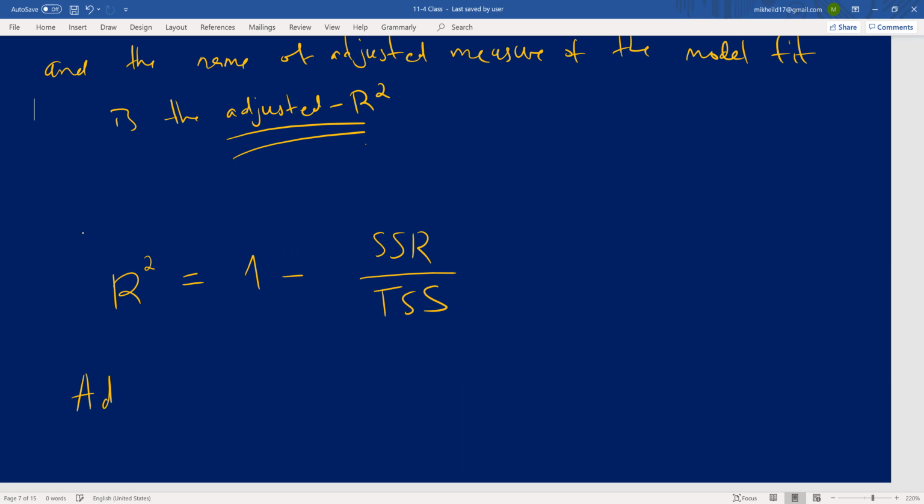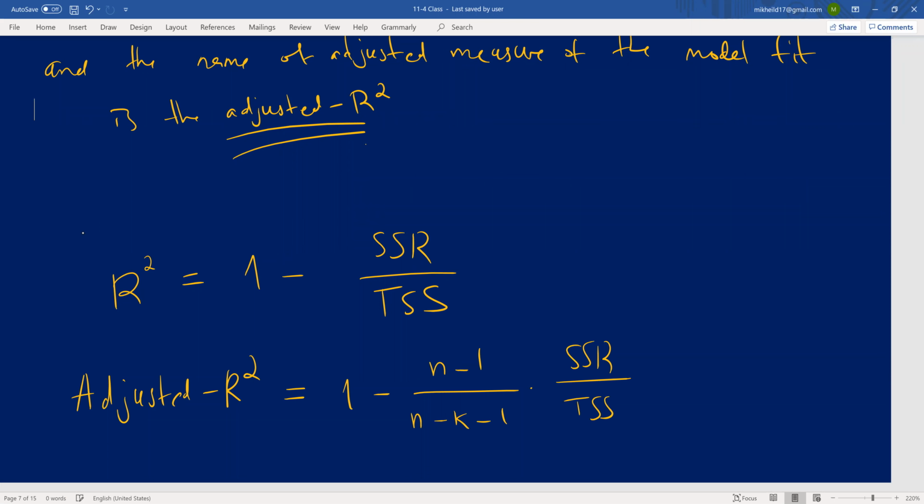Adjusted R squared, this: one minus (n minus 1)/(n minus k minus 1) times SSR over TSS, where n is the sample size and k is what?